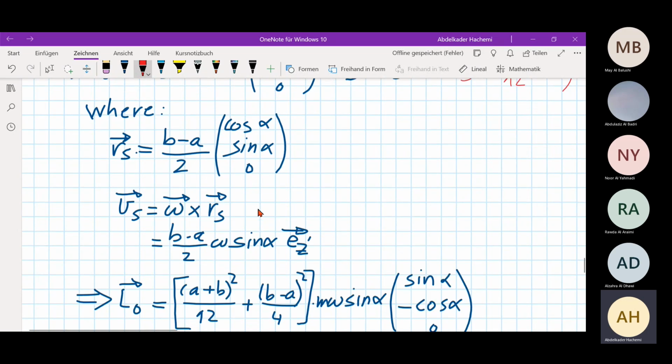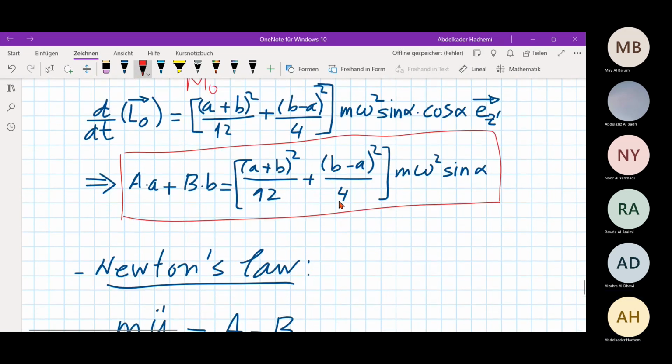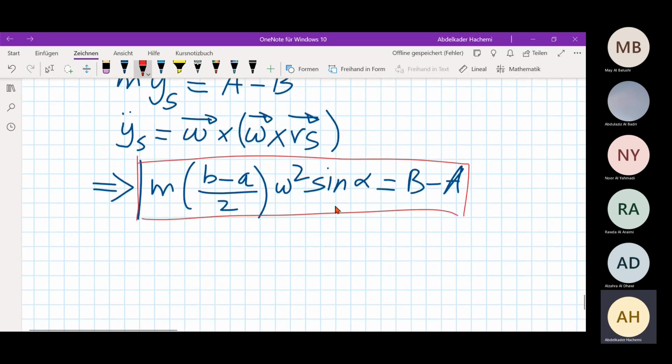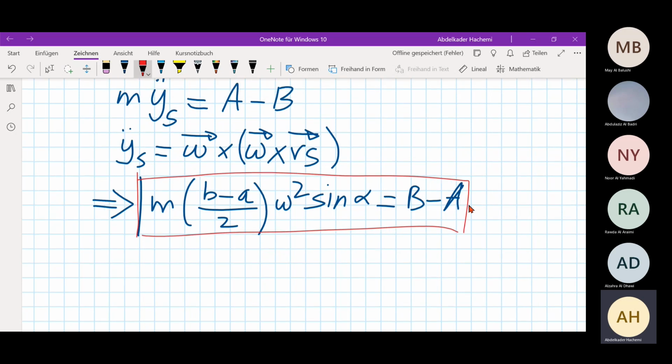Omega, we know its direction is along z. Then we have only to make the cross product here, and we will get this relation, and we have here b minus a. This is the second one.